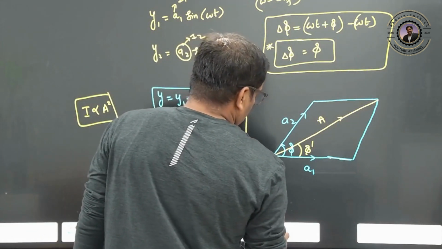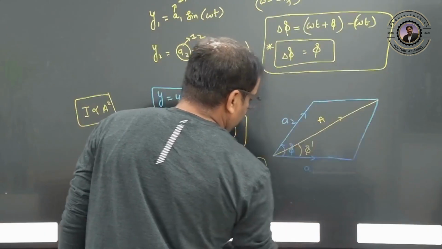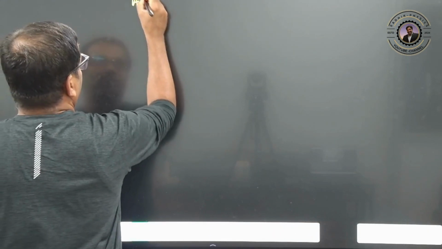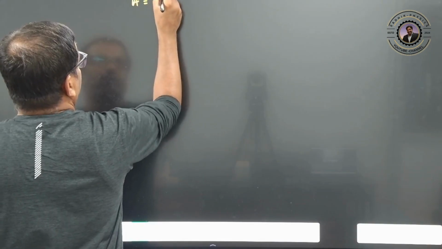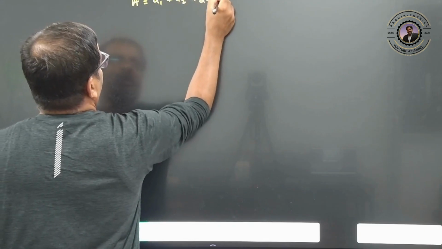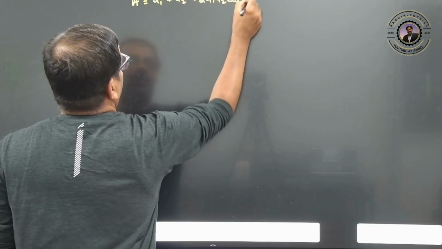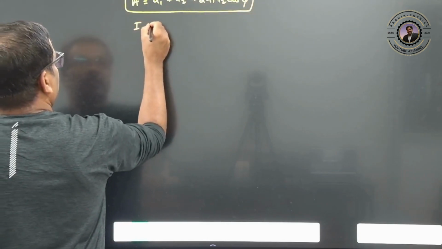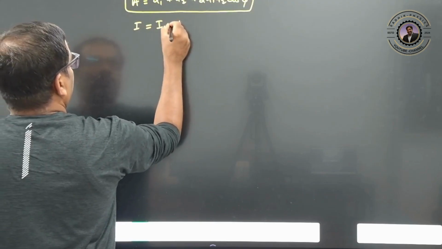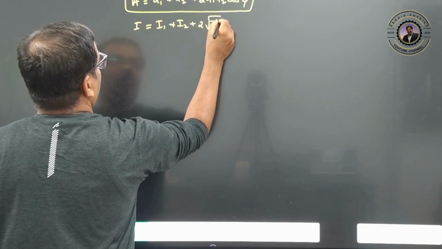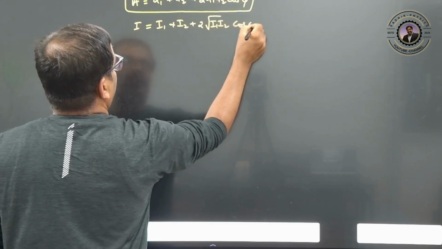Clear? So here we got the amplitude square: A1 square plus A2 square plus 2 A1 A2 cos phi. Clear? Now intensity I is equal to I1 plus I2 plus 2 into root of I1 I2 cos phi.